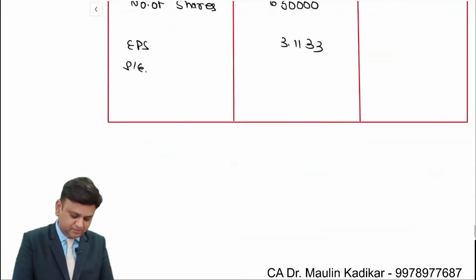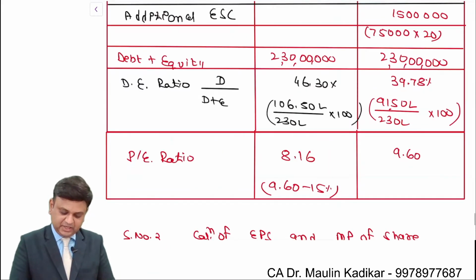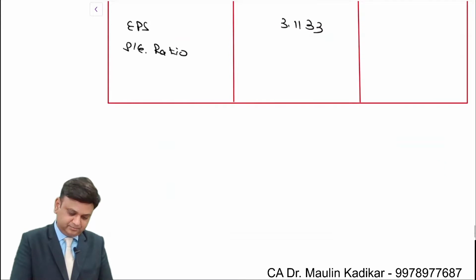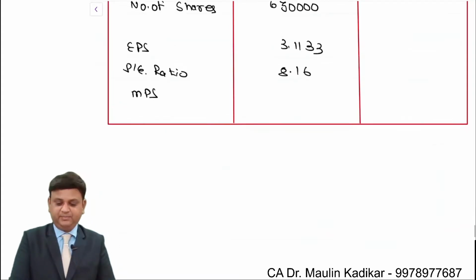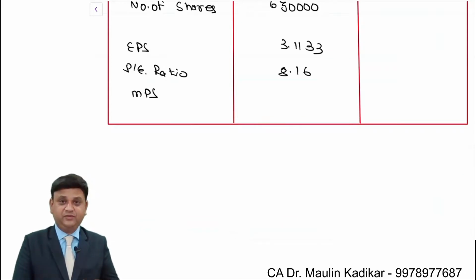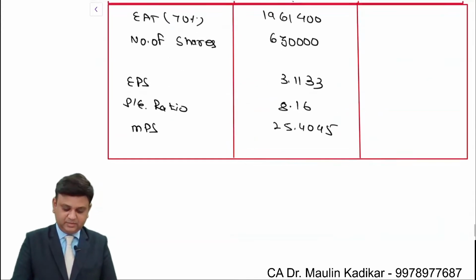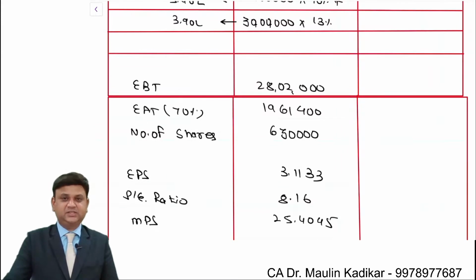Price earning ratio, in the first case, I think it is going to fall down to 8.16 times. And then we'll compute the MPS. 3.1133 into 8.16 comes to 25.45. That is the MPS in the first case.